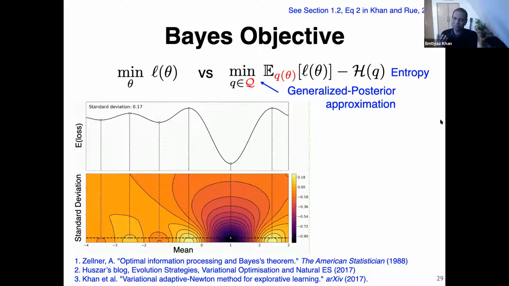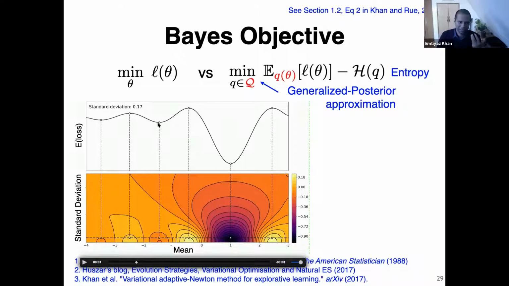Of course, if you get more data in any world, Bayesian or non-Bayesian, your objective function is getting rid of these local minima. Actually, that's what happens as you go to the limit of infinite data. Then your minimum becomes more and more prominent.